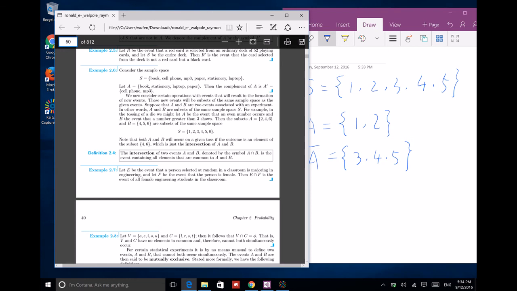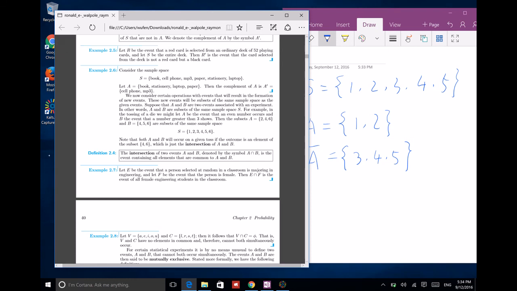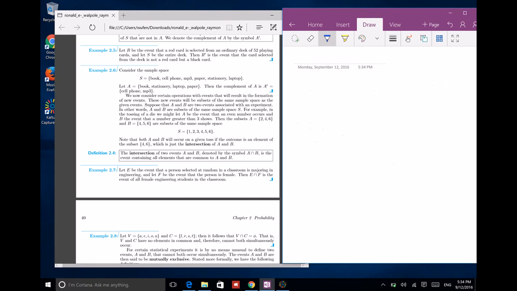The intersection of two events A and B, denoted by A intersect B, is the event containing all elements that are common to A and B. Basically, you find the common elements. Suppose A equals 1, 2, 3, 4 and the set B equals 3, 4, 5, 7.